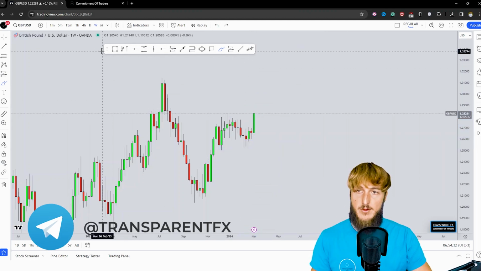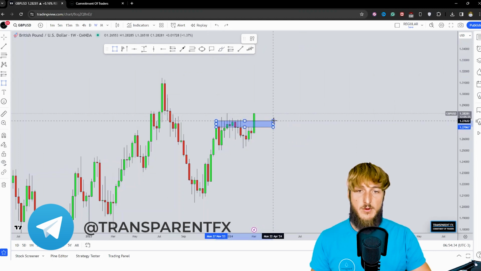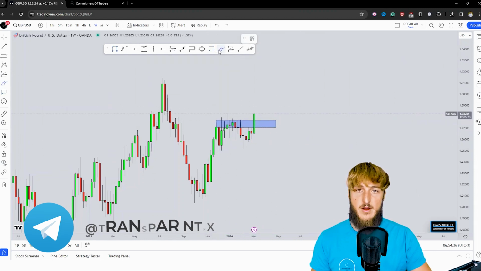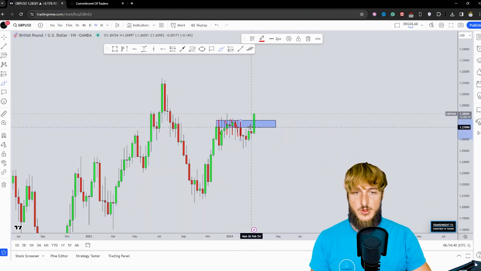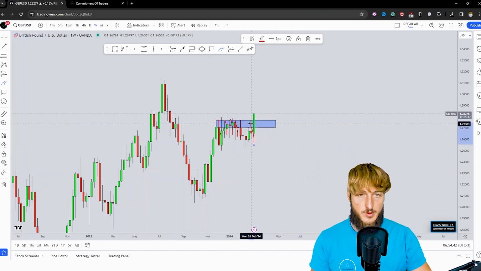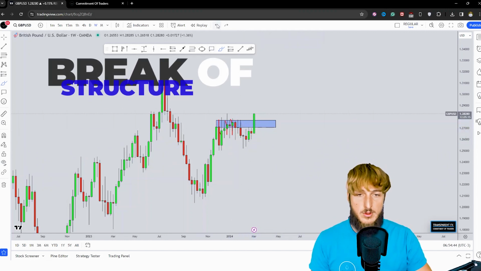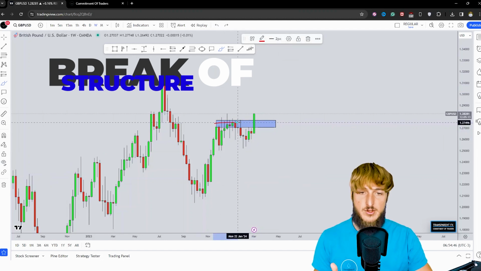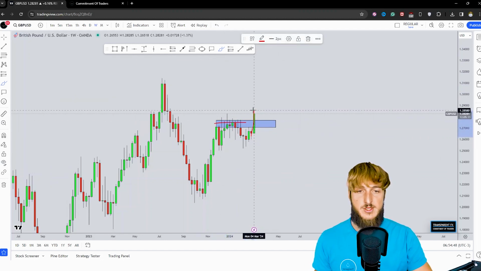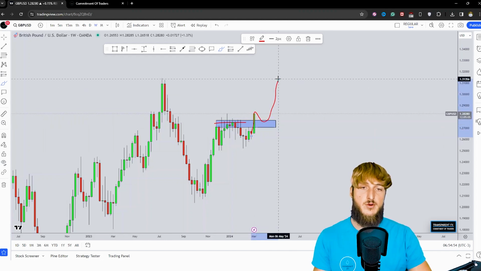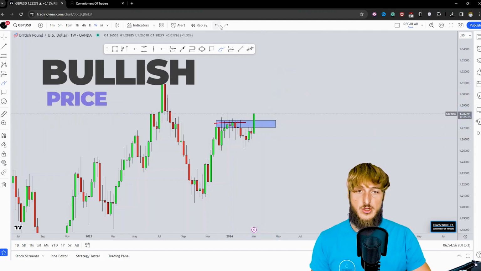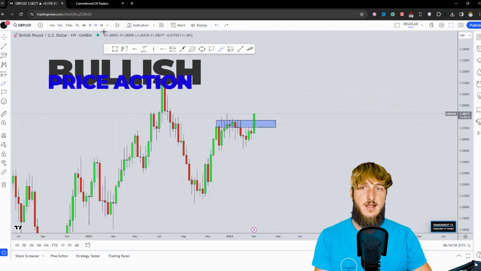In fact, if we look closely, we can notice how all the resistance that the market had found at this level, where the market multiple times got rejected to the downside away from this zone, has now been broken to the upside. And what we know is that previous resistance, once it gets broken to the upside, becomes support. So what we could expect at this point is a potential retest of the previous resistance turned support, and then to see a rejection to the upside away from this level.